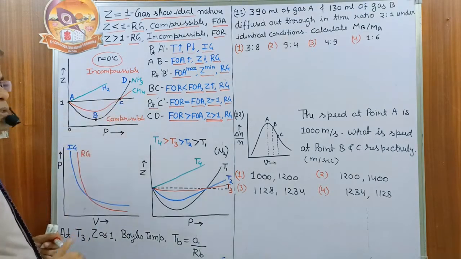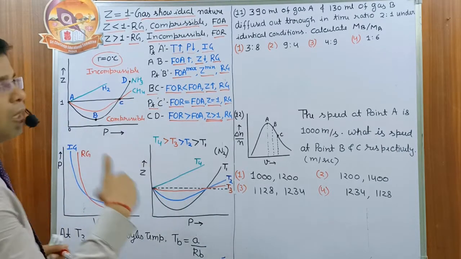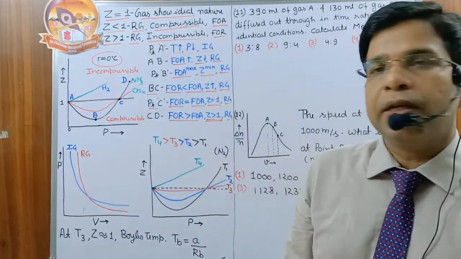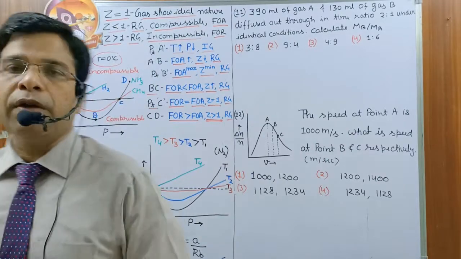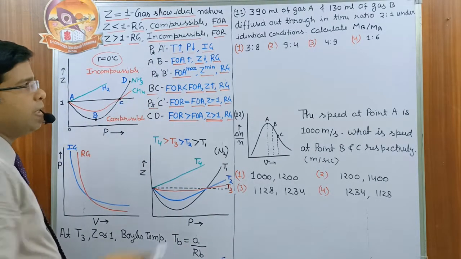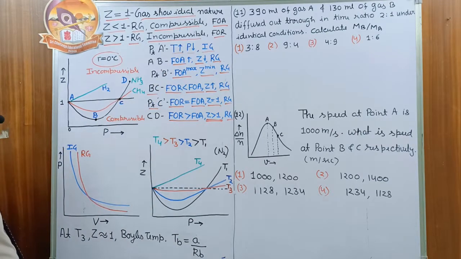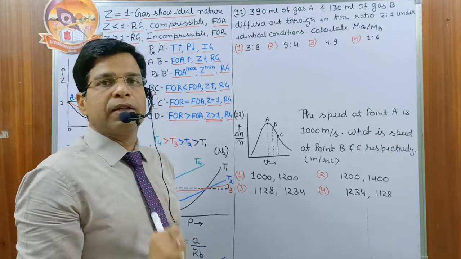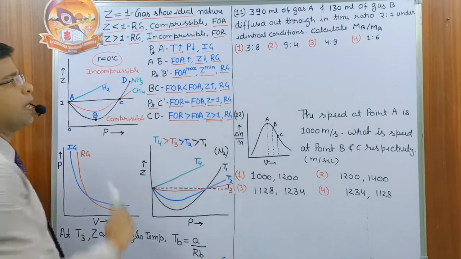Below this black line we have the compressible zone, and above this line we have the incompressible zone where the value of Z is more than 1. At the point A, the temperature is sufficiently high, 0 degrees centigrade is sufficiently high, and pressure is approximately equal to 0. Under such conditions, high temperature and low pressure, every gas behaves like an ideal gas. So at point A, the gas is an ideal gas.